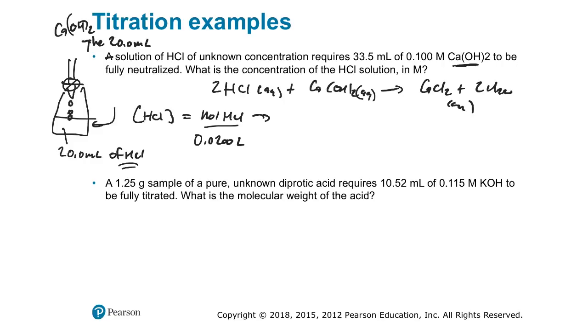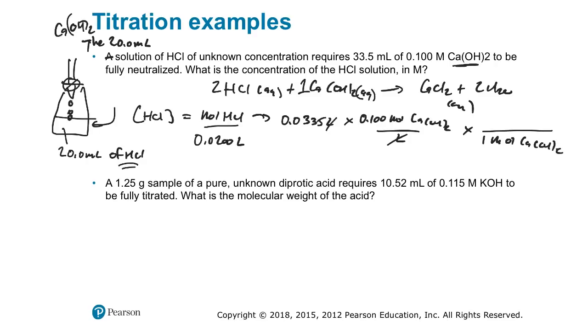So for the moles of HCl, I can start with the calcium hydroxide. It's 0.0335 liters of that solution, its concentration was 0.100 moles of Ca(OH)2 per liter of that solution. Volume cancels. And then the stoichiometry is 2 to 1. For every 1 mole of calcium hydroxide, that means there were 2 moles of HCl present.